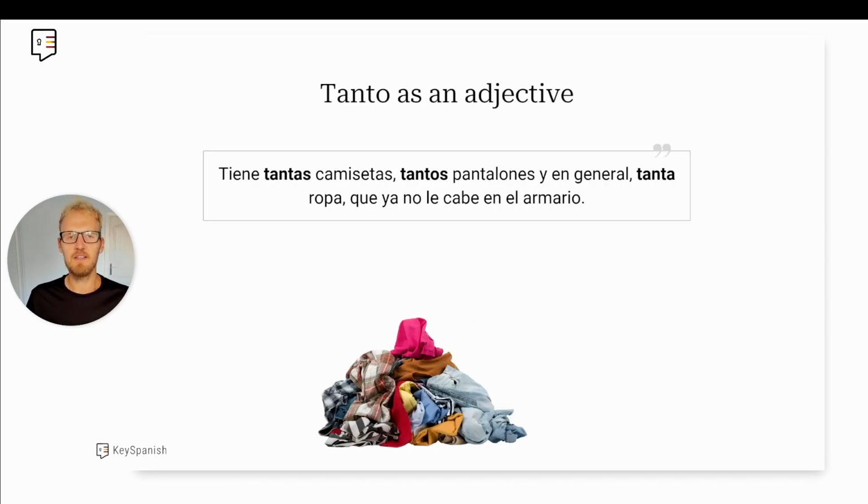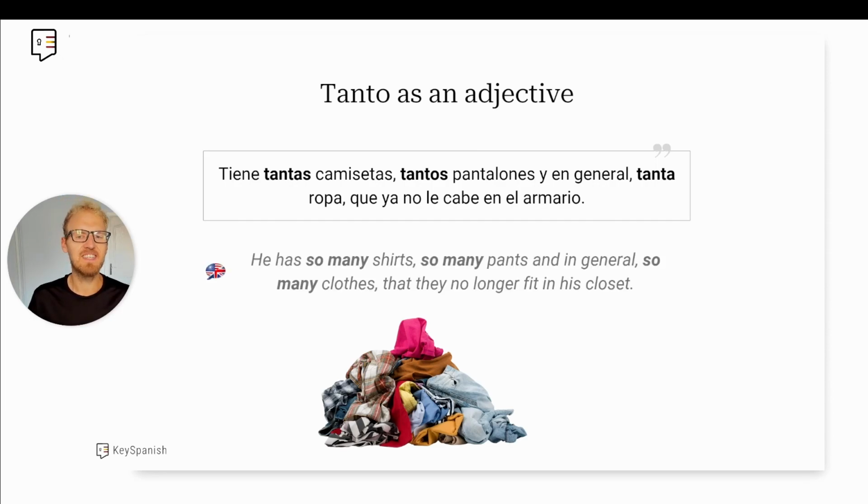So you have a sentence like, tiene tantas camisetas, tantos pantalones y en general tanta ropa que ya no le cabe en el armario. So he has so many shirts, so many pants, and in general, so many clothes that they no longer fit in his closet. You see an example here how tantos and tantas and tanto is changing according to the gender and number of the noun it is modifying.